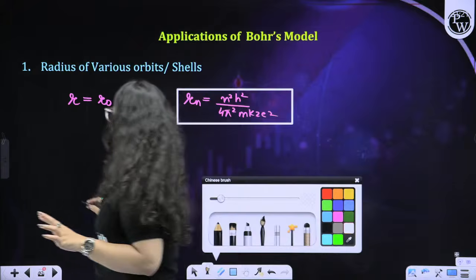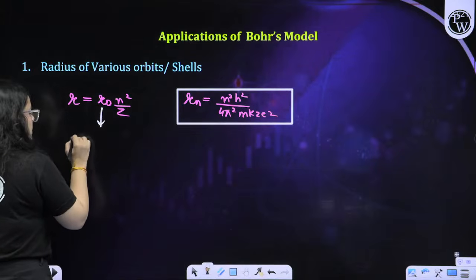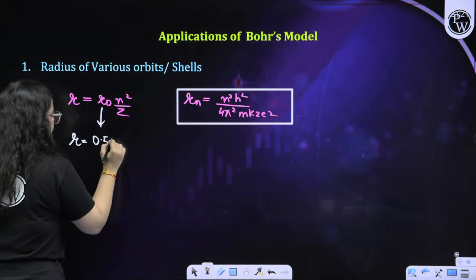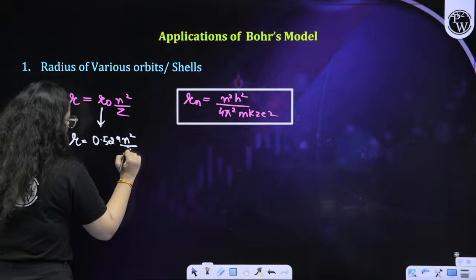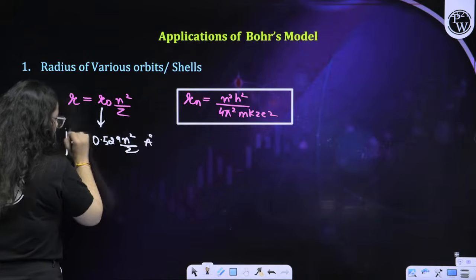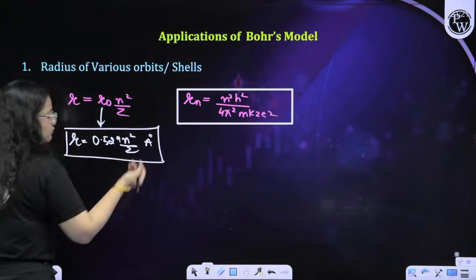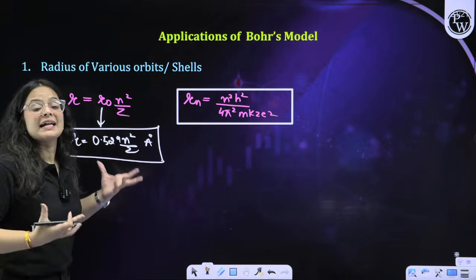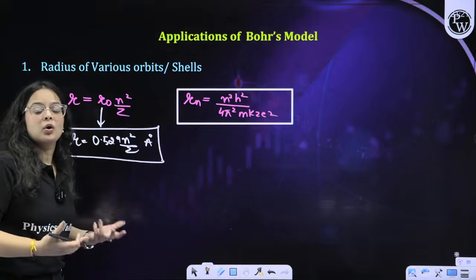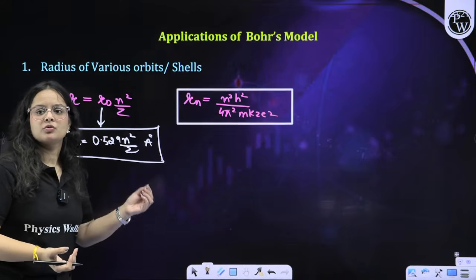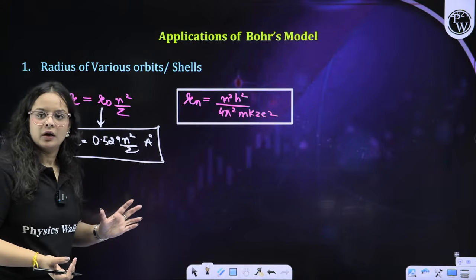Okay, right? So r naught over here is how much? So radius equals 0.529 n square by z in angstrom. We are using this formula depending on the n value. n is the shell number, and z is the atomic number, right? Depending on whose atom we are discussing, lithium, sodium, whatever the element is. All right, moving on.